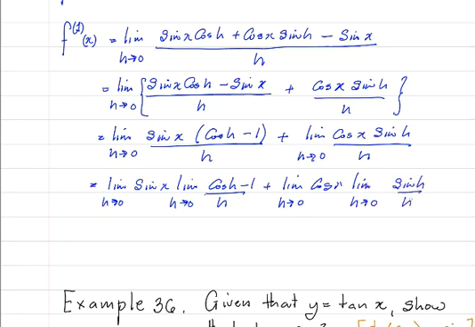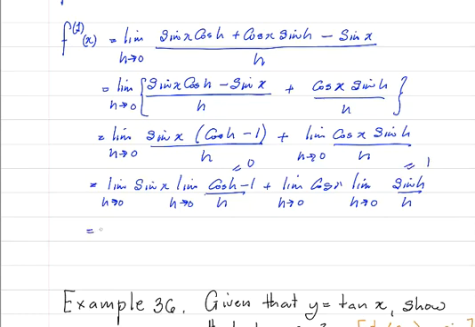All right, so if we look carefully, we can see our special limits, because the limit of cosine h minus 1 over h as h approaches 0 is equal to 0. So this limit here is going to be equal to 0, and the limit of sine h over h as h approaches 0 is equal to 1.